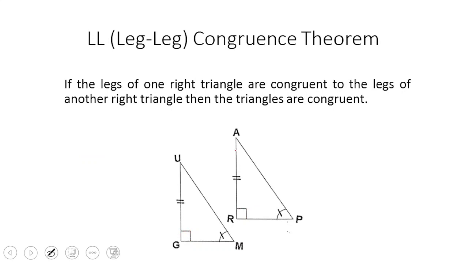And then the last congruence theorem, we have the LL or leg congruence theorem. If the legs of one right triangle are congruent to the legs of another right triangle, then the triangles are congruent. So the illustration, this is wrong. This should be the illustration. Ganyan illustration.